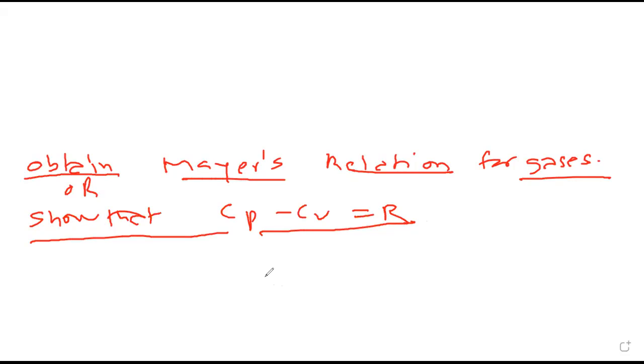Yes, sir, written. Okay. Very simple derivation. Just be attentive. I'm explaining and writing also so that you can understand it properly. This can be asked for 3 marks in the exam.